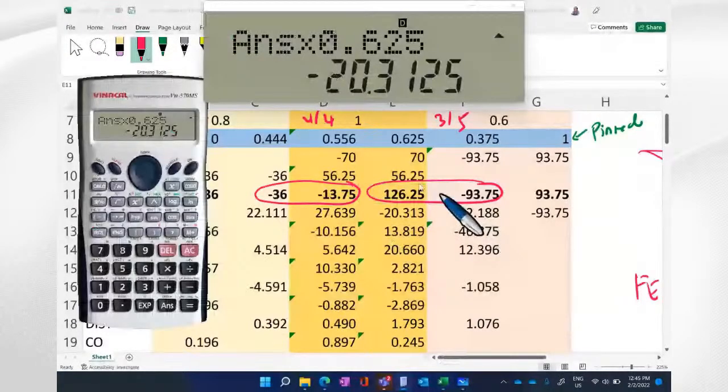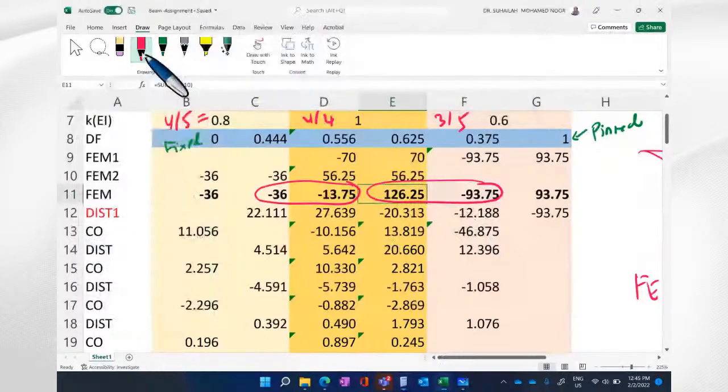Find the total of this. It must equal 0, if you want to check whether the answer that we calculated is right or wrong.